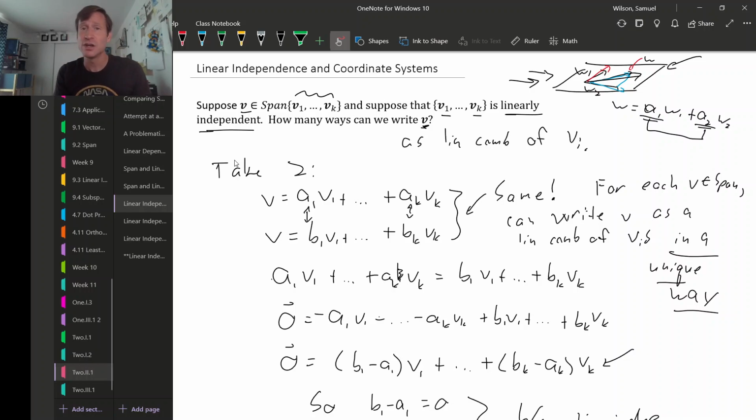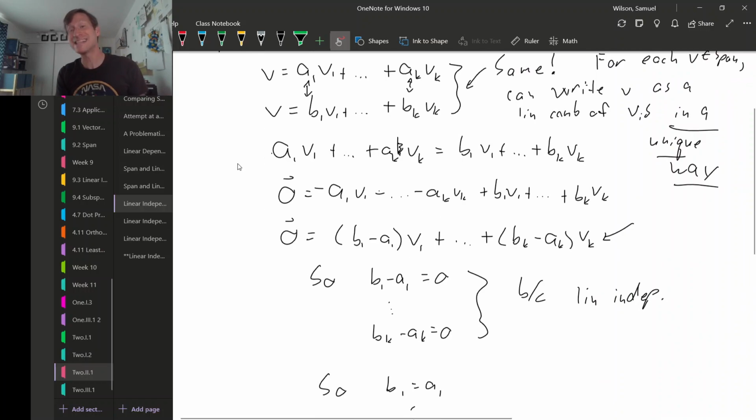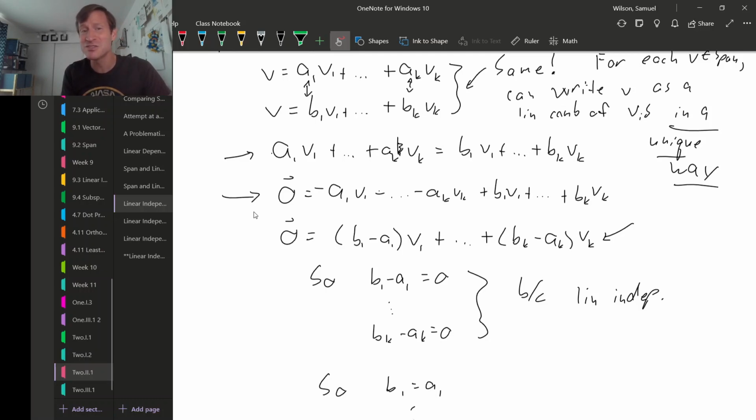And in fact, this is a typical example of how linear independence gets used to prove things about vectors. You somehow come up with some equation, depending on the situation you're in, and you turn that equation into a linear dependence relationship.